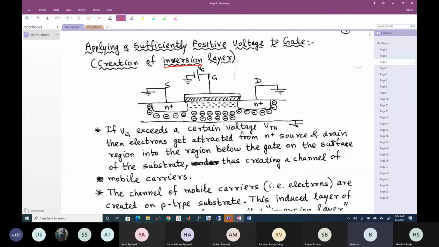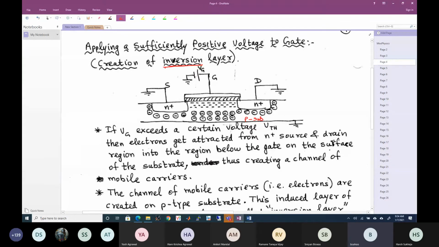This is a P substrate, where carriers are holes. By inversion, you are generating carriers which are electrons. So you have inverted the substrate. The mobile carriers in this substrate turn out to be the minority carriers, but truly they are not minor. There is something else, we'll get to that.